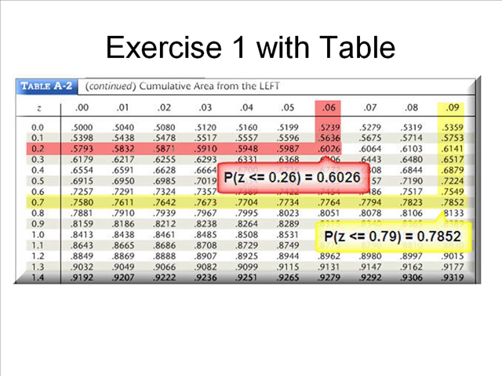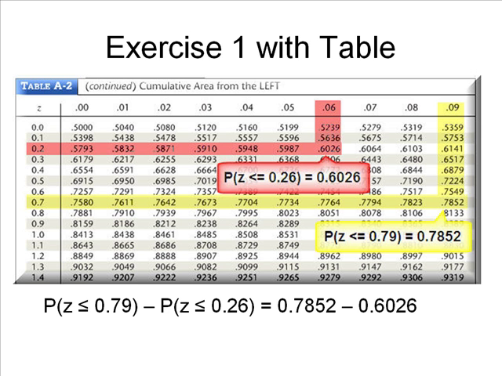Probability z is less than or equal to 0.79 is 0.7852. And we can use those in solving the problem. Therefore, the probability that 9.5 is less than or equal to x less than or equal to 10.5 is equal to 0.1826. This may not be quite as accurate as the calculator and computer because of round-off error for the z-values when we use the table.